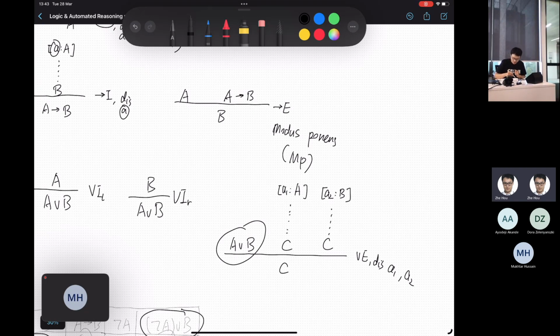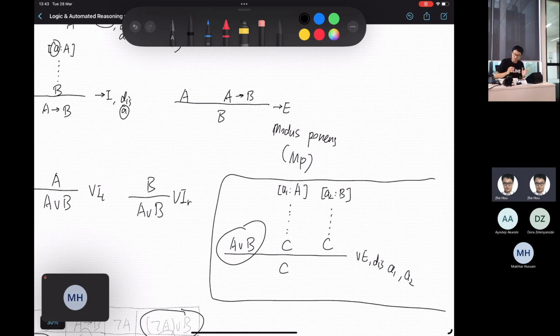But what is this proof technique though? I'm sure you all do this all the time, from primary school until now. This is actually just called proof by cases. Right, say you have many cases. It could be A, or it could be B, and then for each case you derive what you want, and then what you want is true.